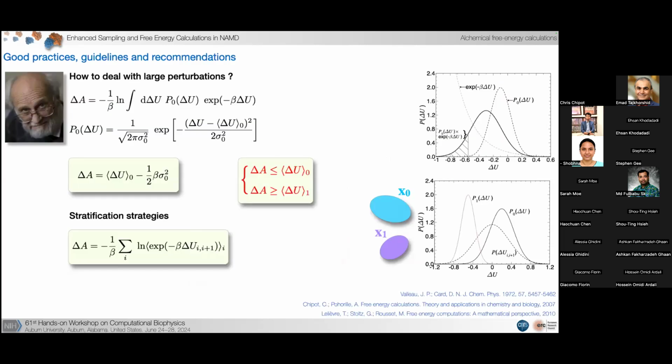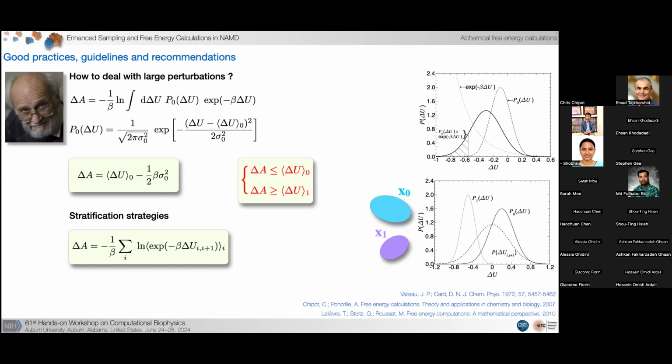Okay, so how do we deal with large perturbations? I assert that going from lithium to rubidium is already a large perturbation. So this guy here is John Valleau. The name may not ring a bell, but Valleau and Torrie, 1977, umbrella sampling.